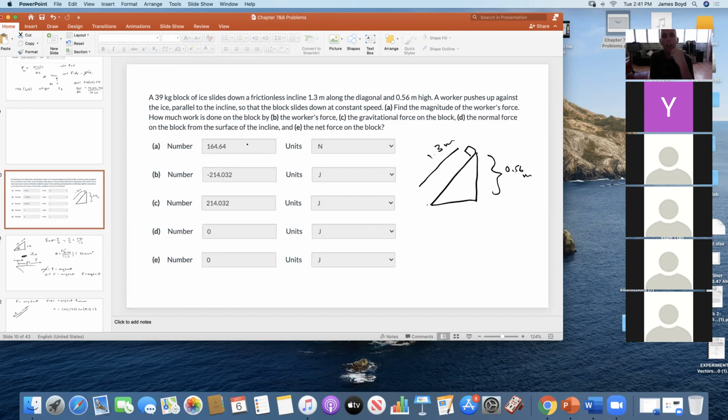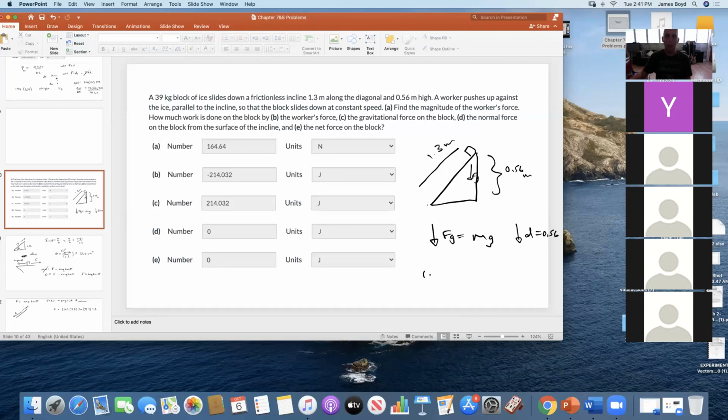Now, here's where the rest of this gets easy. The gravitational force done by the block, you could say, well, okay, the change of gravity goes down, and it's mg cos theta, right? Well, let me not do it quite that way, because I really don't want to do that way. The force of gravity is mg. It is flat down. D is also straight down, but D is 0.56.